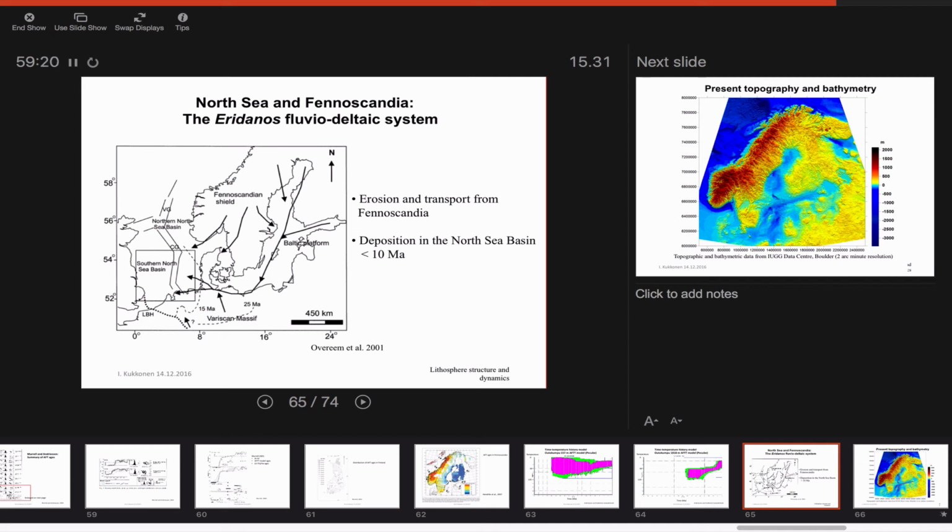There are useful gravity and topographic maps like here across southern Sweden, where you have the big lakes and also quite low valleys. We have the Baltic Sea here, and the Gulf of Finland. The model, and the observations support the idea, is that there was very strong deposition in the North Sea basin in the last 10 million years, and the sediments were derived from Fennoscandia.